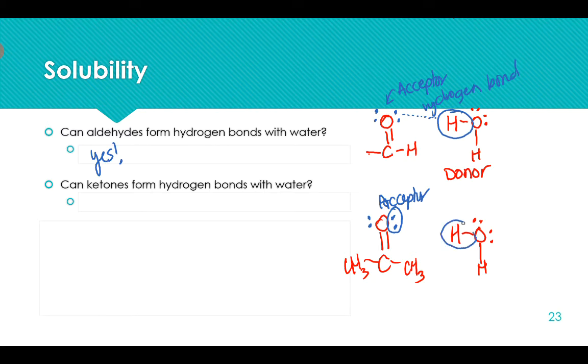And then our donor has H bonded to N, O, or F. That's an O. Acceptors are lone pairs. And that's a donor. So for the same reason, we can form hydrogen bonds with water. Now that we have a donor and we have an acceptor, we can form hydrogen bonds.